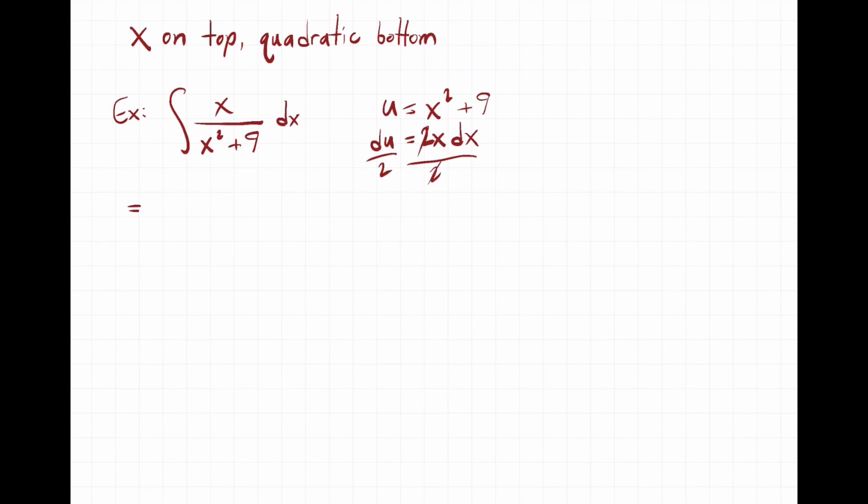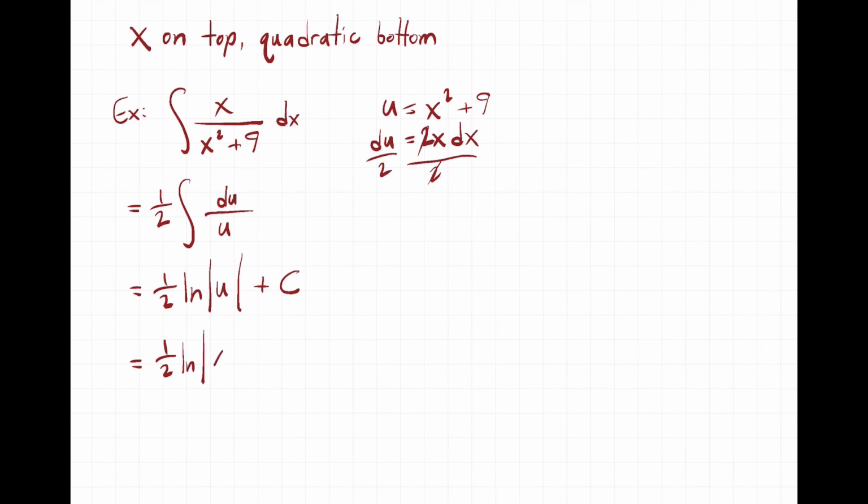So this equals 1/2 integral of du over u, or 1 over u du. So again, we end up with 1/2 natural log of the absolute value of u, plus a constant. And we'll just fill in our u. We end up with 1/2 the natural log of the absolute value of x squared plus 9, plus a constant.